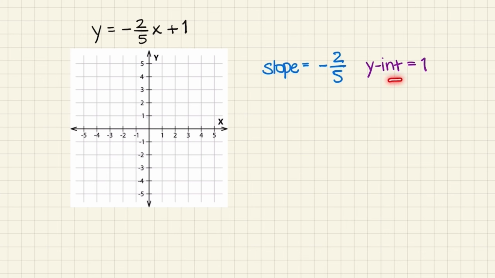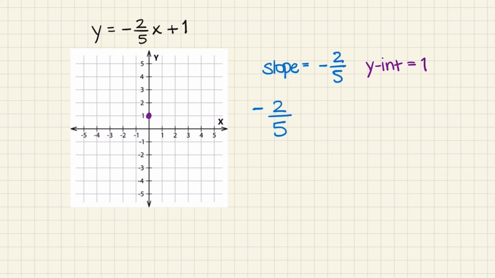So we're going to go ahead and graph our y-intercept at +1. Now we're going to determine what our slope is telling us. There's one negative sign, so we can either put it with the 2 or with the 5. Either one will give us correct and accurate points. So I'm going to start by putting the negative with the 2.